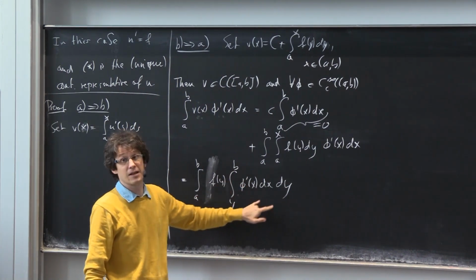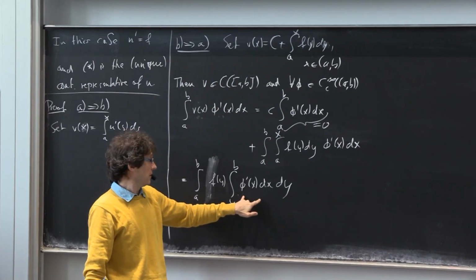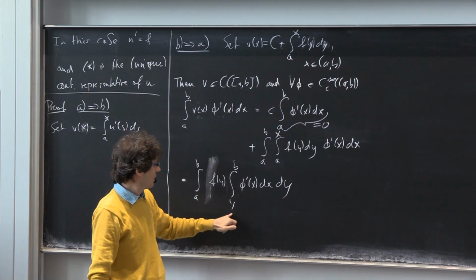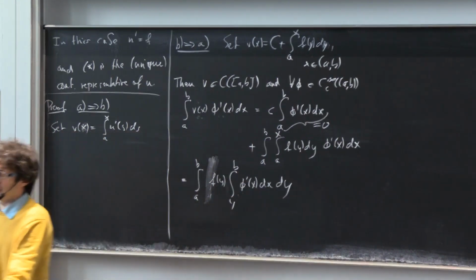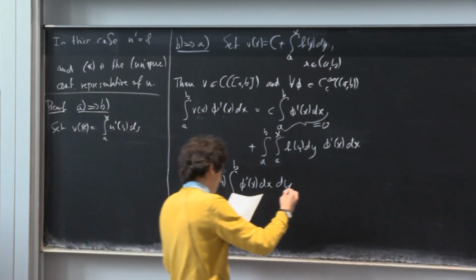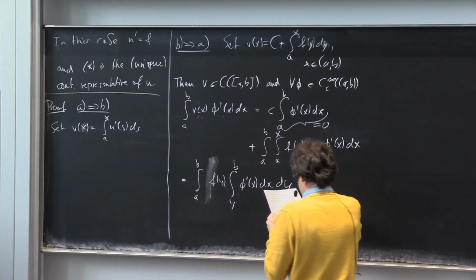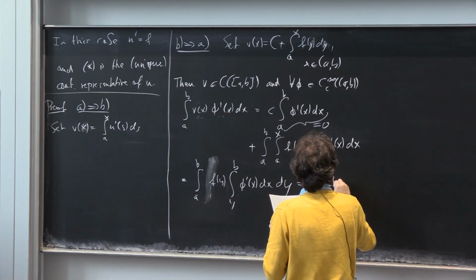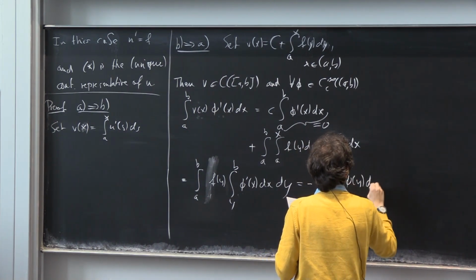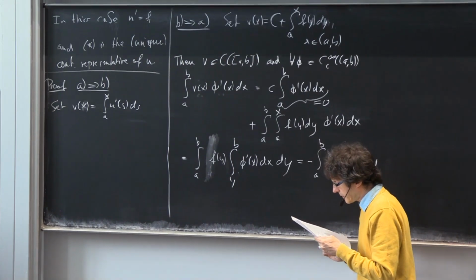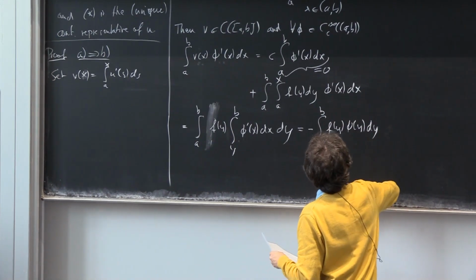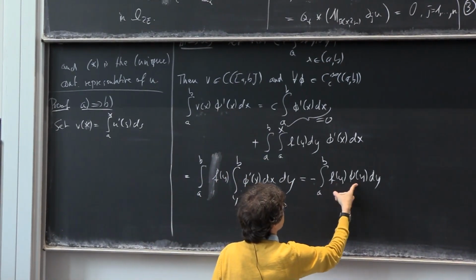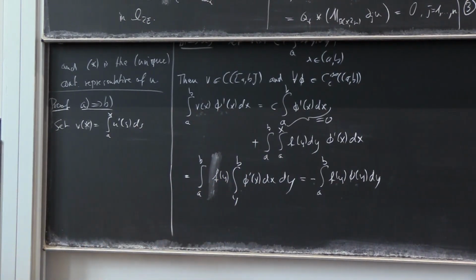So here I can just take the fundamental theorem of calculus from the calculus course. So this gives you phi of b, which is 0, minus phi of y. Okay, phi of y could be something. So this is minus the integral a to b f of y phi of y dy. And this is exactly what we want. You get the integral a to b of v times phi prime is minus the integral of f times phi. This means v is weakly differentiable and the derivative is f.